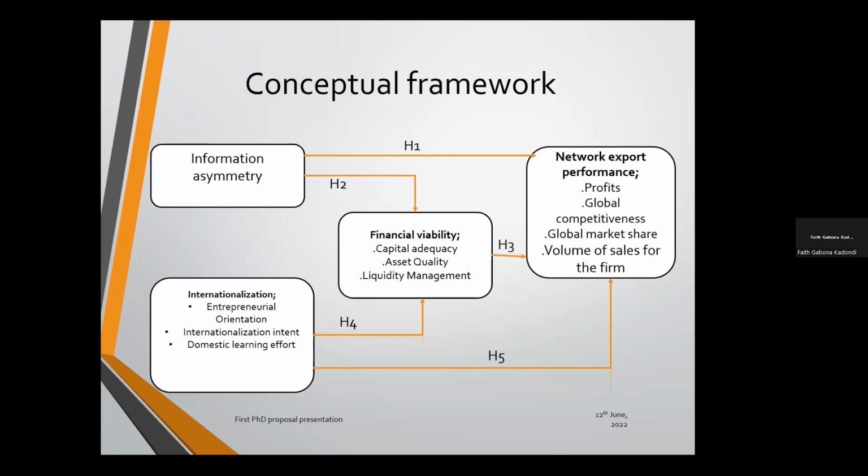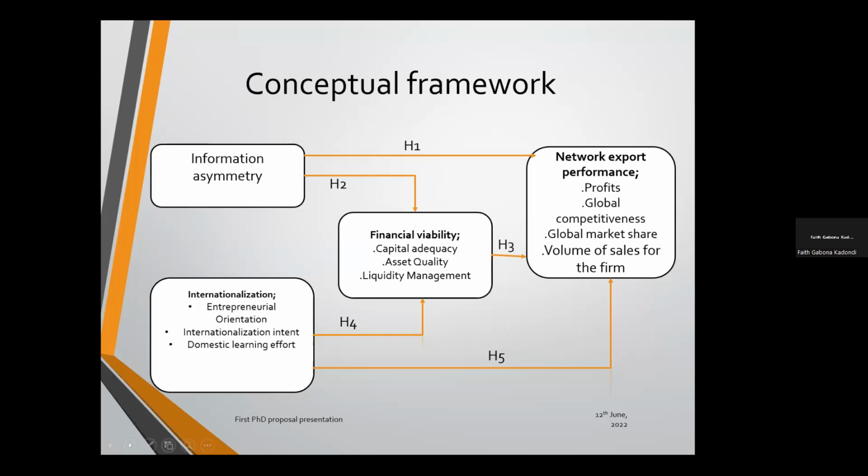And hypotheses 6 and 7: hypothesis 6 is going to look at financial viability as a mediating factor of information asymmetry and overall network performance. And then hypothesis 7, financial viability as a mediating factor of internationalization and network export performance.